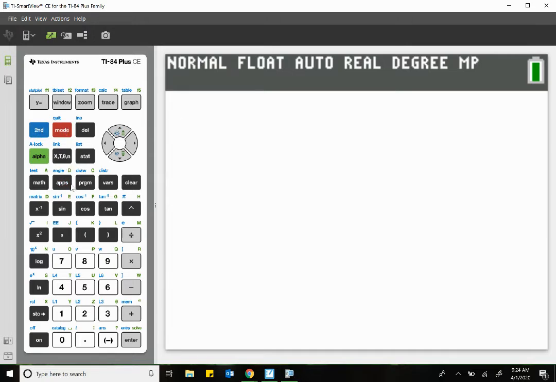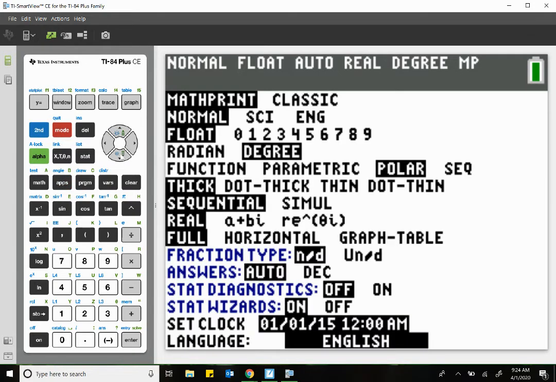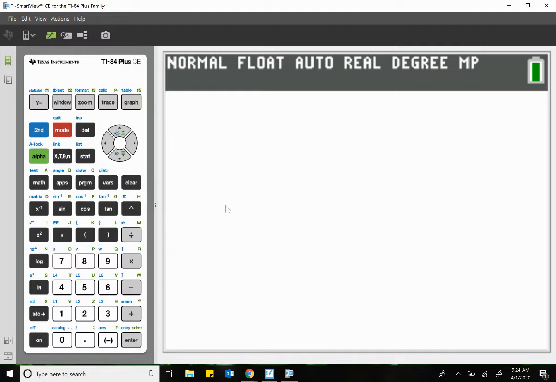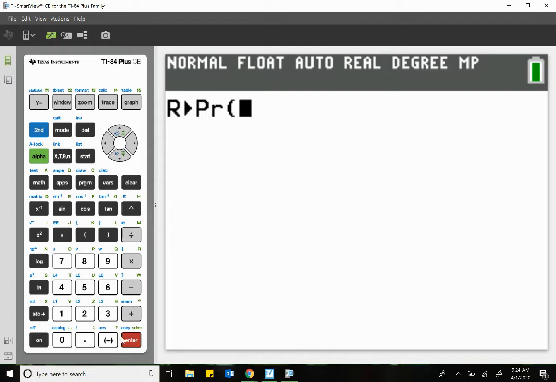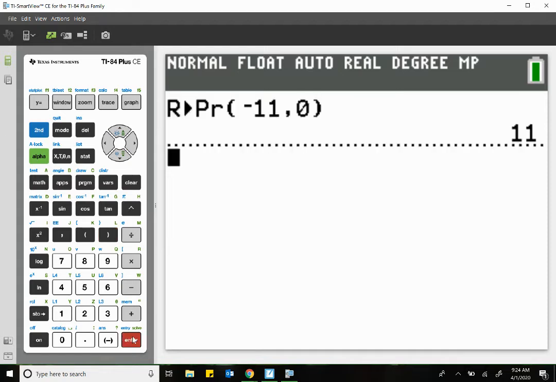So if we go back and hit second apps, I'm going to change my mode back to function. It really doesn't matter what you're in, because the information runs the same way, because it's all about converting in the background. So if I go down here and let's say I want to find the polar coordinate for that negative 11, comma 0, I'm going to put negative 11. This is where that comma button right here by the parentheses comes in. And then you'll hit 0, close up the parenthesis, hit enter. So there's the R that we found.